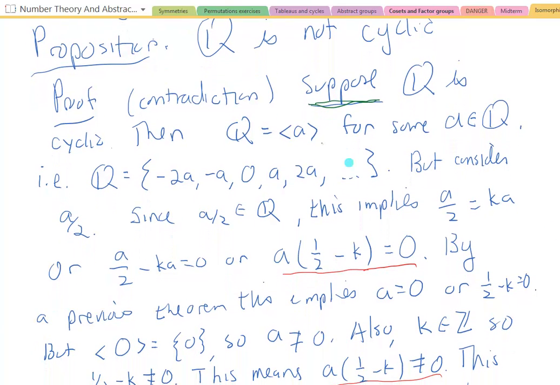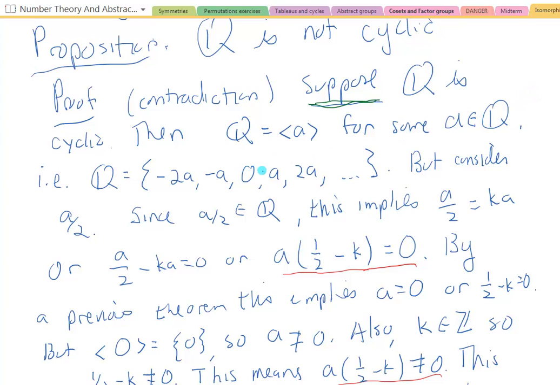So here's my supposition. Suppose that Q is cyclic. That means that Q is the orbit of A for some A in Q. That's what cyclic means, that there's a generator of Q. I could write this way, that Q is equal to all integer multiples of A. Why is that? Because my operation here is a plus.